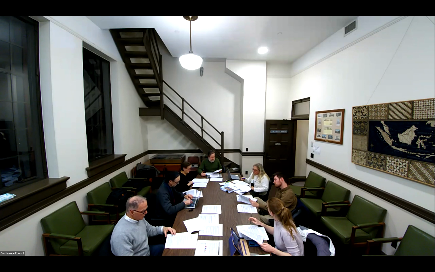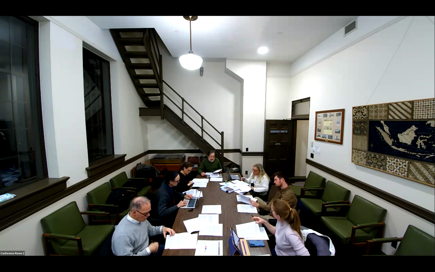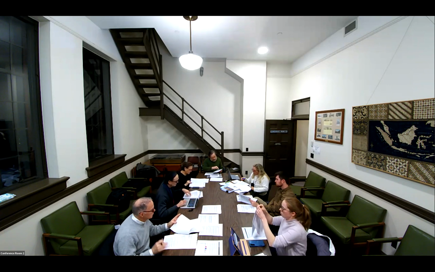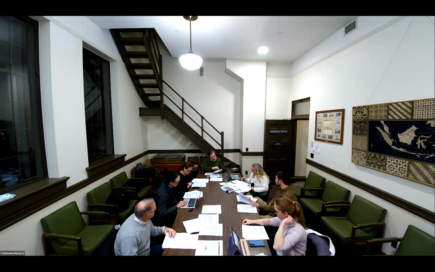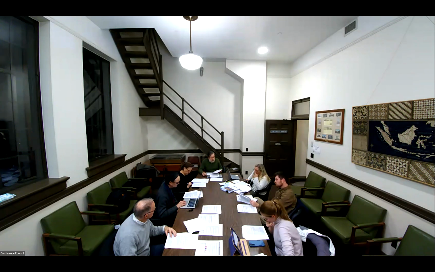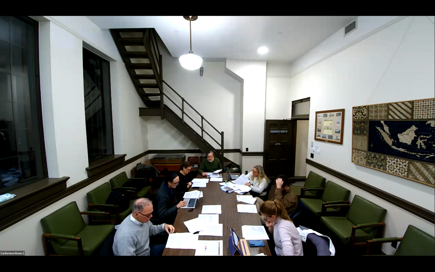So I would put it either D or its own E, and if we make it something separate, parallel the language: it shall be the further duty of the commission to exercise judgment in accordance with the basis of the Secretary of the Interior standards. Okay, so use that same opening. Let me see what the language looks like. That might flow a little better now.